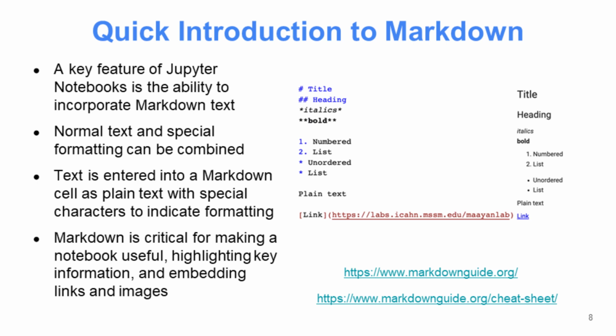There are different tags for titles or subheadings that have the pound sign and then the title. You can have italics and bold, as well as numbered lists, and also obviously plain text. And you can also embed links and images, and there is a whole guide for Markdown. This is also very useful for other applications. We may face it again in the future in the course. But this is really a way to comment your code or reports with nice text.